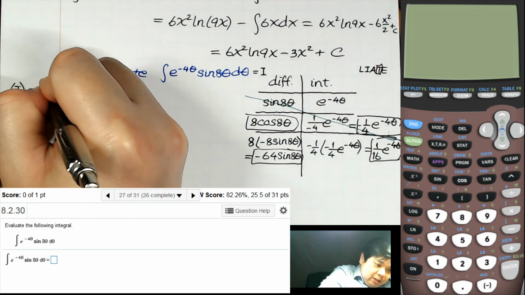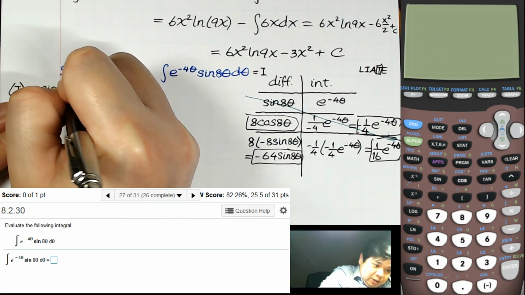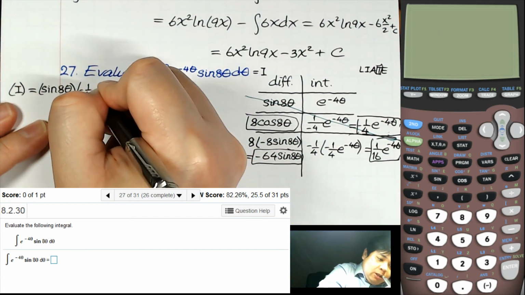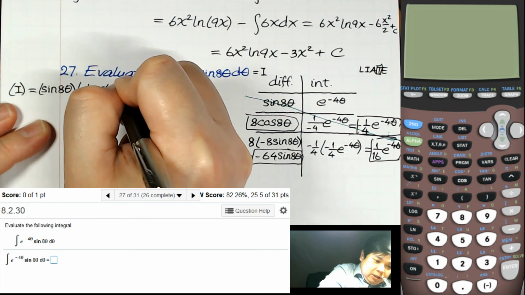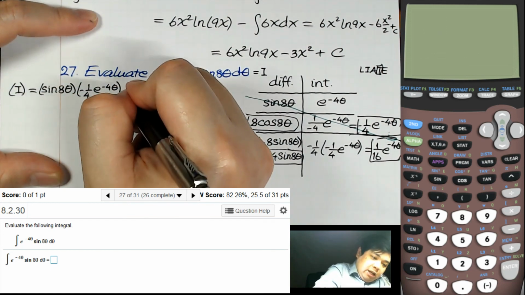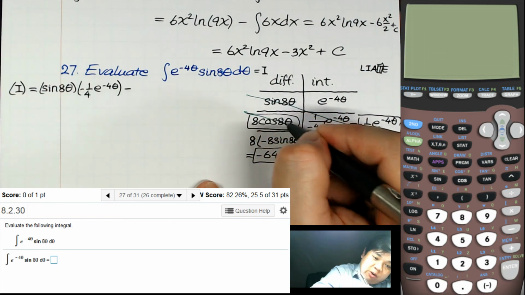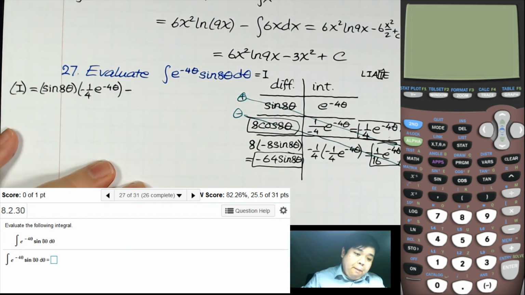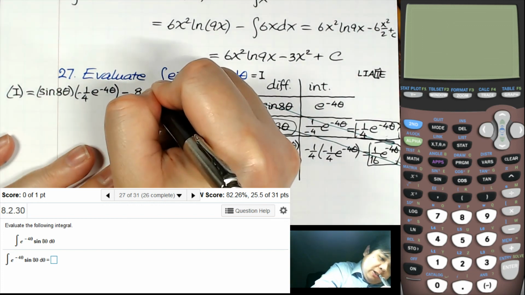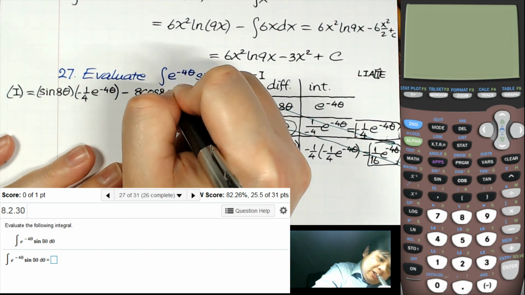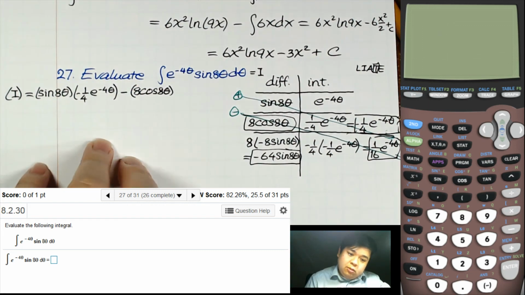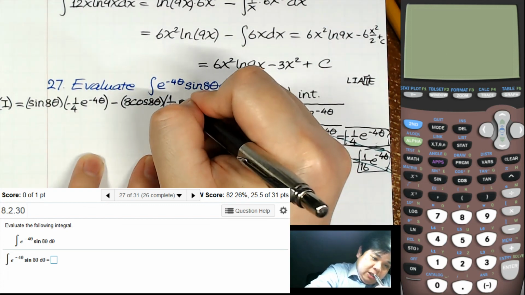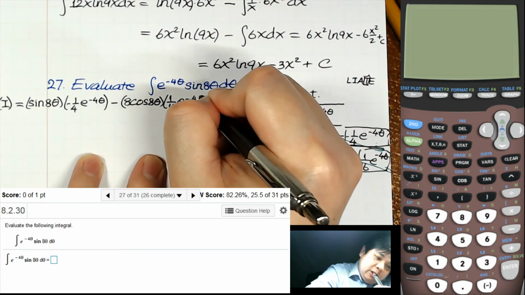Sine of A theta times negative 1/4 e negative 4 theta, and then subtract the second diagonal with the minus 8 cosine A theta times 1 over 16 e negative 4 theta.